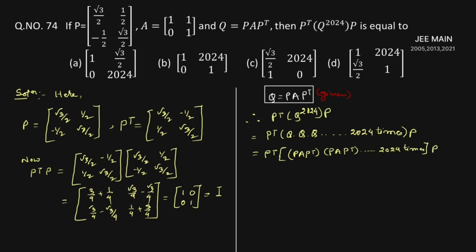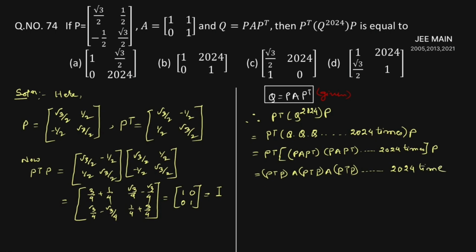Now we are able to write P transpose P, this is A, again P transpose P, again this is A, P transpose P, and it goes on up to 2024 times.